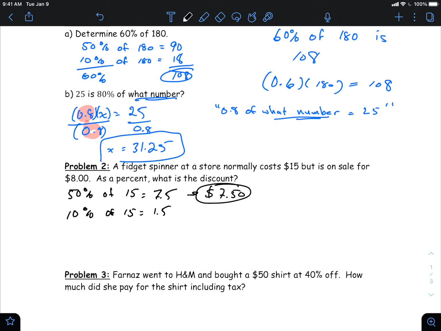If I cut 10% in half, I get 5%. What's 5% of 15? Or if you're not happy with that, what's half of 1.5? If you had $1.50 in your hands, what's half of it? Yeah, 0.75.